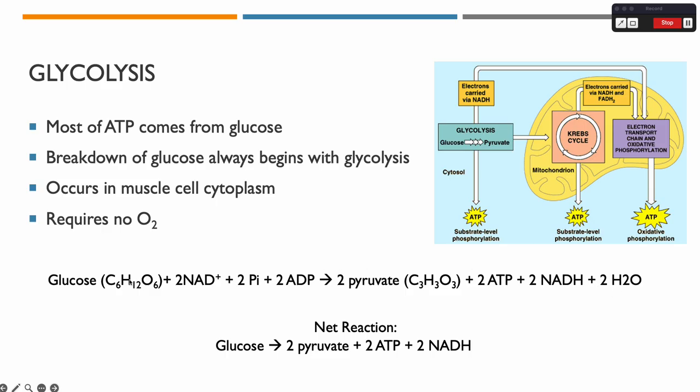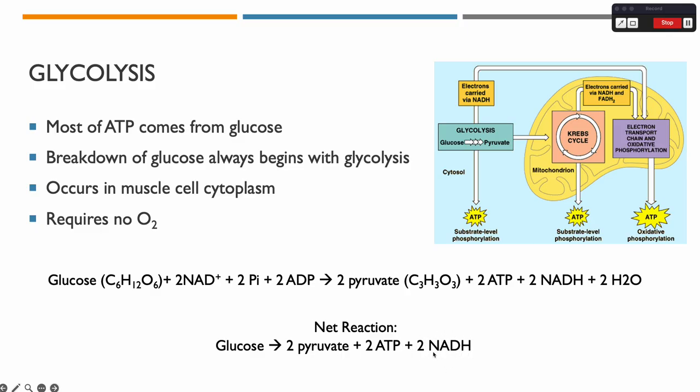If you do all this math here, basically what you see is we make some water, ATPs and NADHs from what we have, and we convert this glucose from a 6-carbon molecule down into two 3-carbon molecules. So it literally gets cut in half. It makes 2 things. And so our net reaction, what we truly get when we look at it with the glucose, is 2 pyruvates, 2 ATPs, so we make 2 energy molecules, and 2 NADHs. And so keep in mind these NADHs.